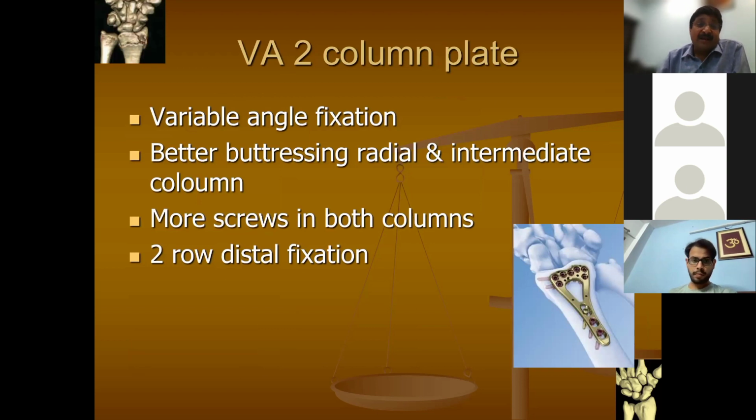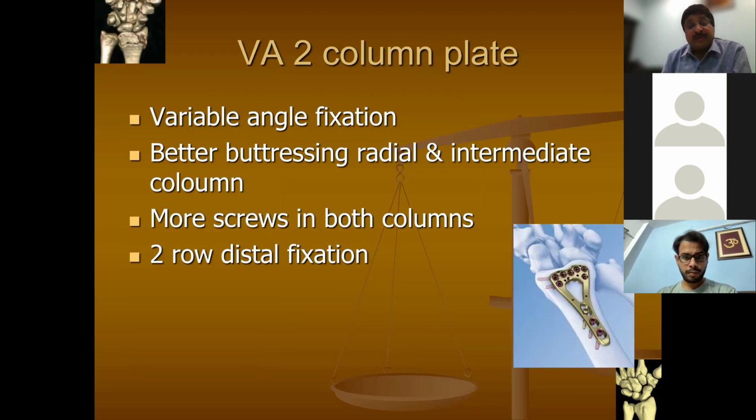But variable angle fixation has really changed our view. Instead of using many plates, we can use a single plate for different fracture configurations. There's better buttressing of the radial and intermediate columns because it is wide in a triangular shape.